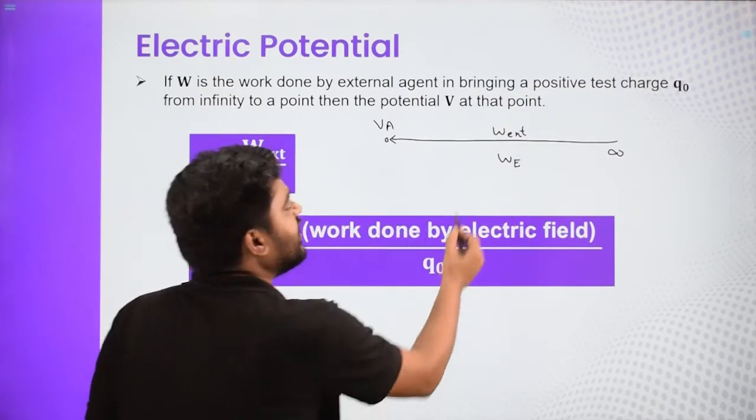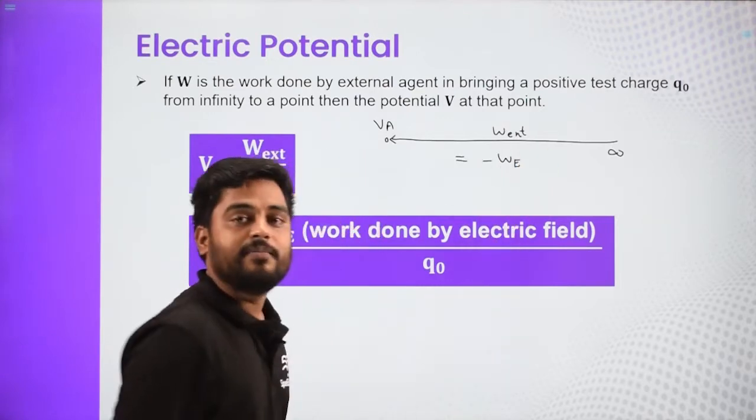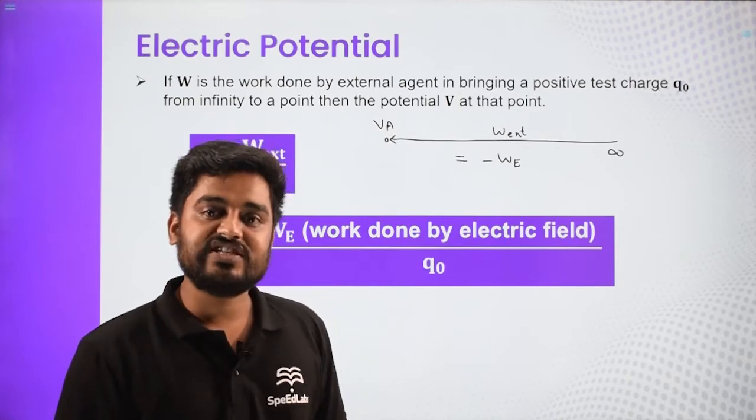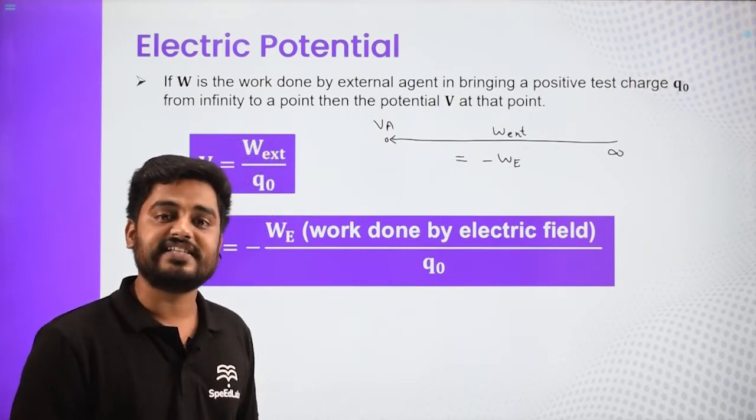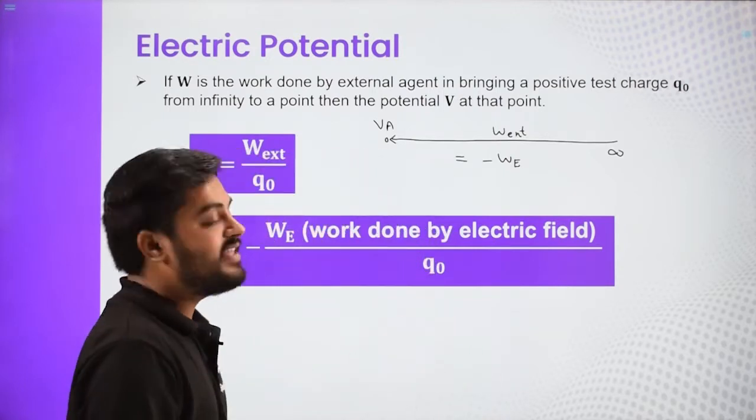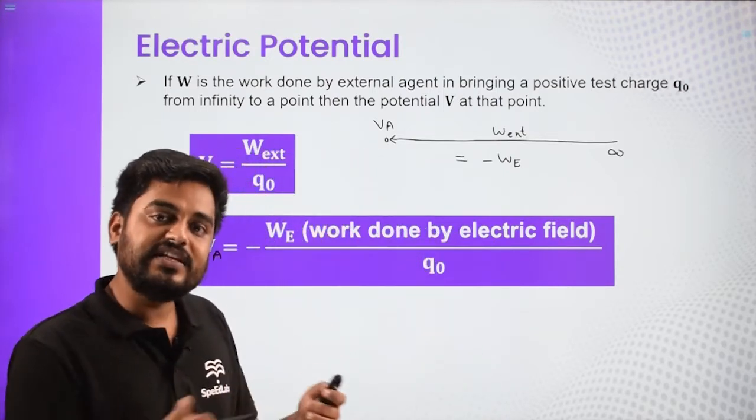Then these two works are basically negative of each other, because there is a condition that you have to keep the kinetic energy the same. If you are keeping the kinetic energy the same, the total work done has to be 0. Or you can say the acceleration is 0 and hence the velocity will not increase or decrease.